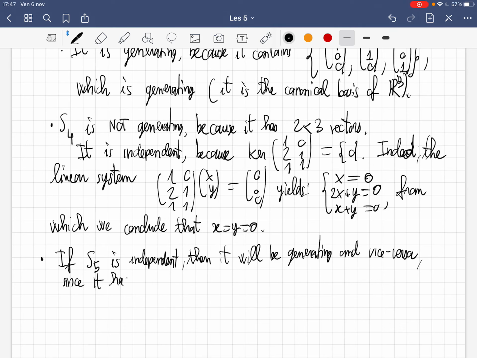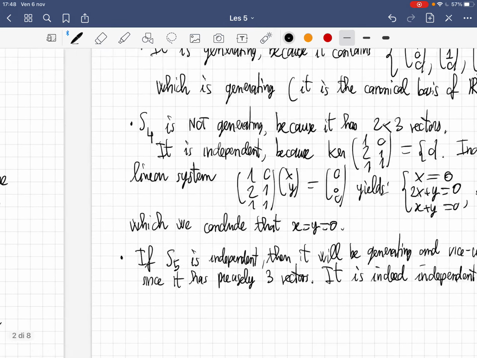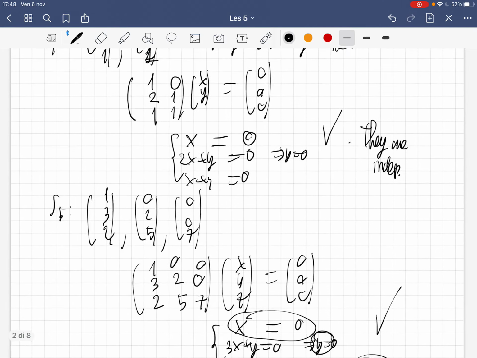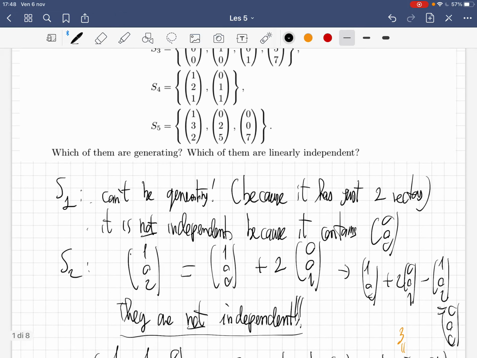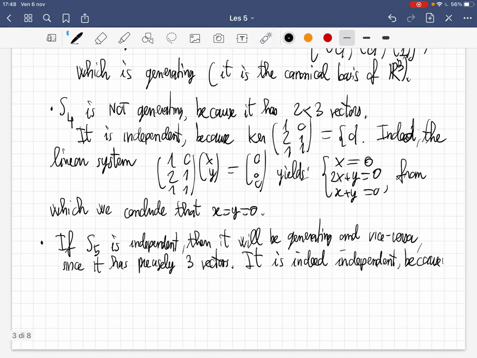Since it has precisely 3 vectors, it is indeed independent, because, and then you can just, 1 2 3, 0 2 5, okay.